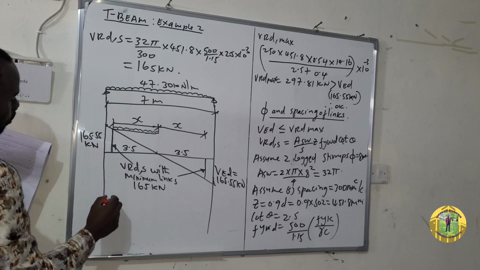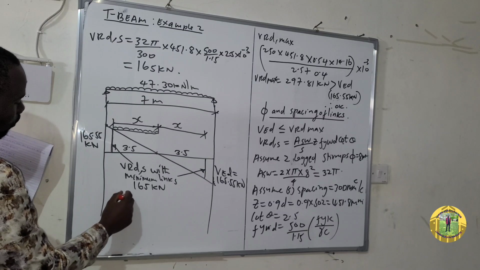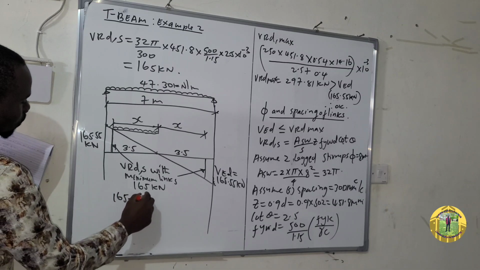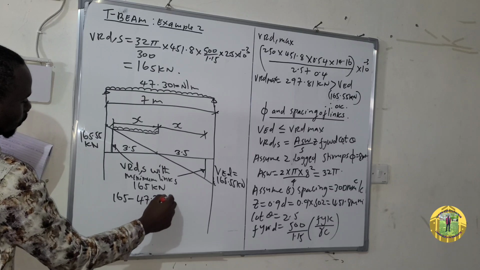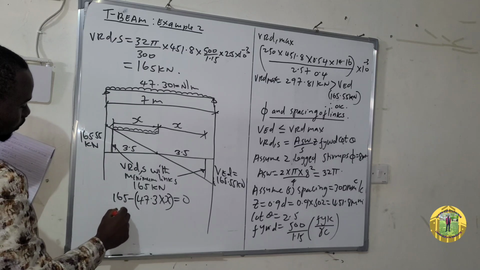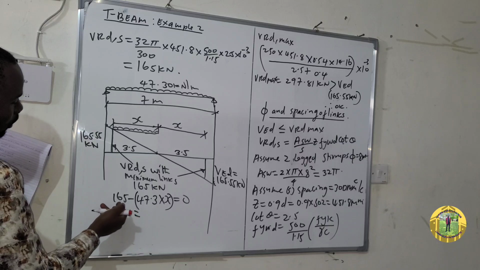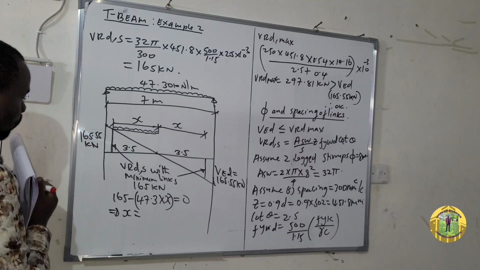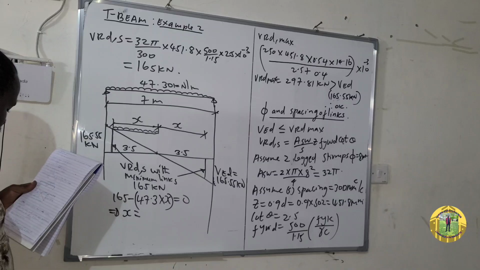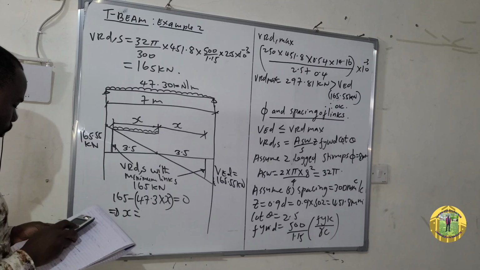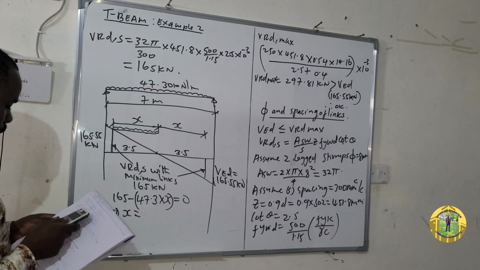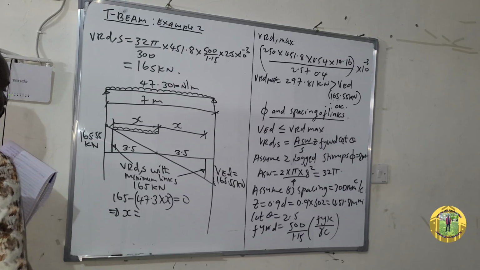Therefore, the loading on the beam will begin by this 165 minus, because the loading is in the downward direction, minus 47.3 times x is equal to 0, because here the shear force is 0, which implies x is equal to 165 divided by 47.3. So x is equal to 3.49.